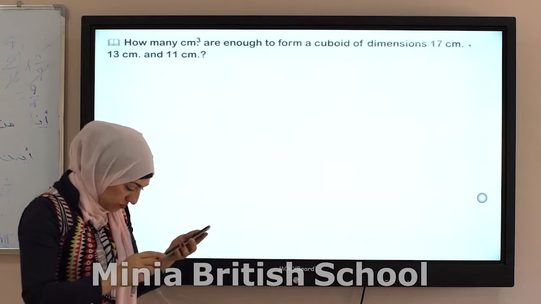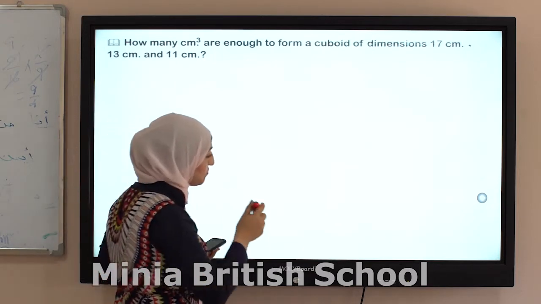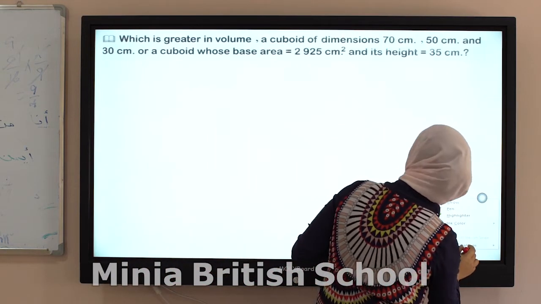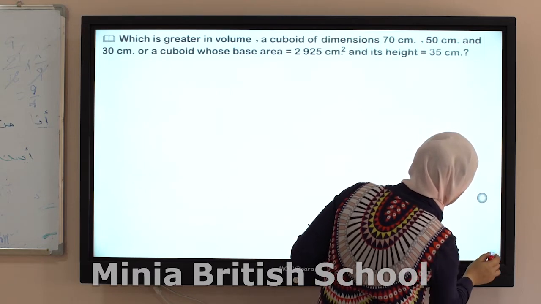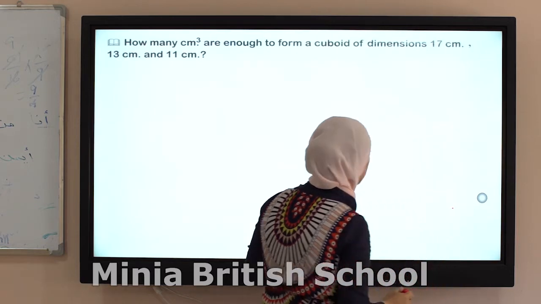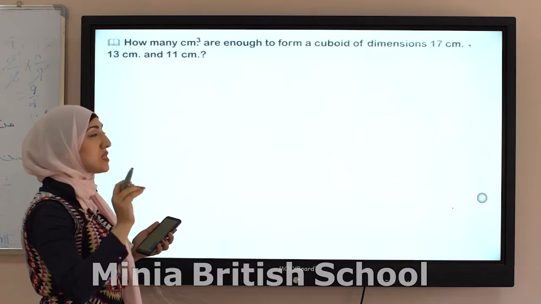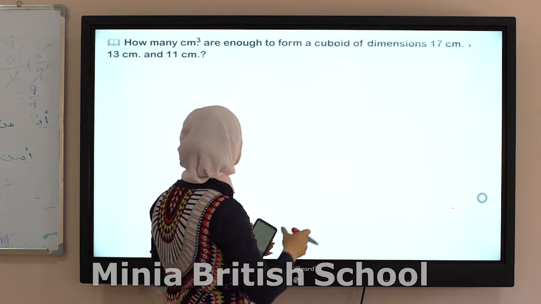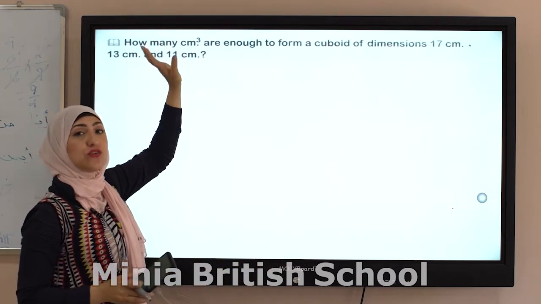Cubic centimeters means he asked about the volume.